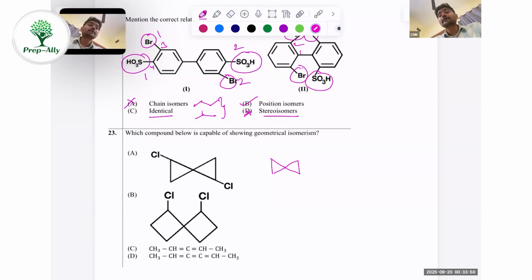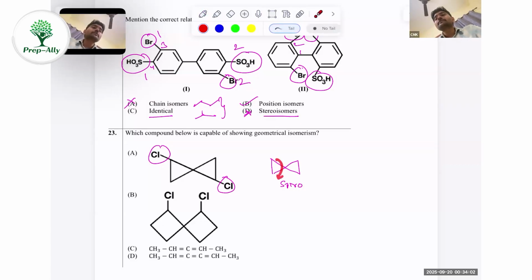So we call this type of compound a spiro compound. Since they can be rotated, easily after rotation there won't be any difference, no? So they are not geometrical isomers.